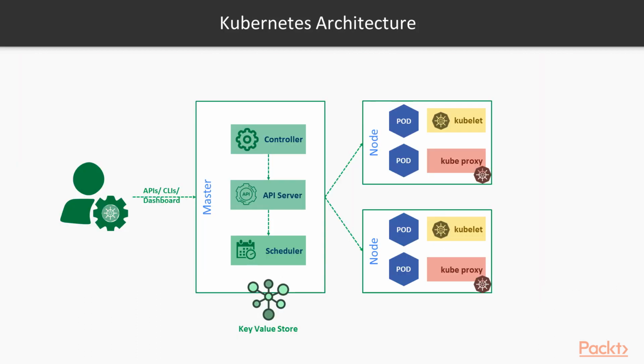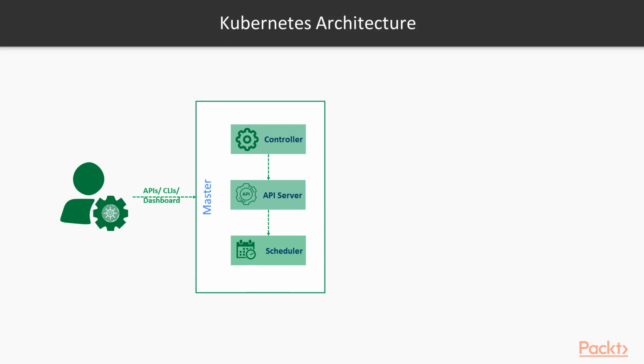Kubernetes follows client-server architecture. Kubernetes architecture has the following main components: master nodes, worker or slave nodes, and a distributed key value store. The master node is the entry point for all administrative tasks, which is responsible for managing the Kubernetes cluster. It's possible to configure or create more than one master node for a high availability mode.